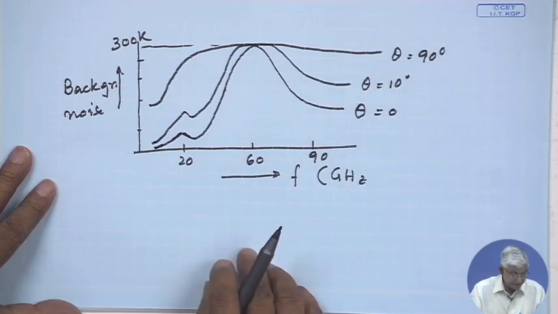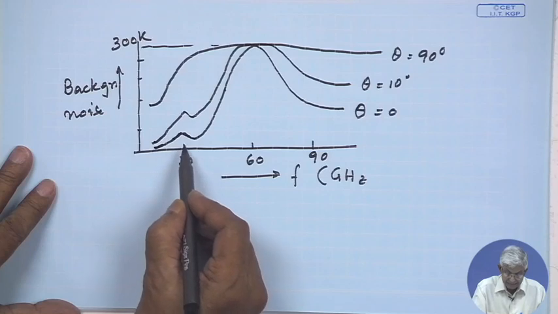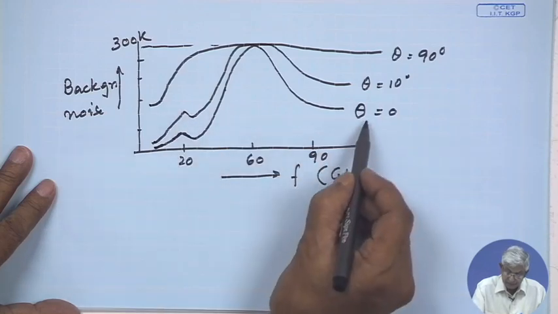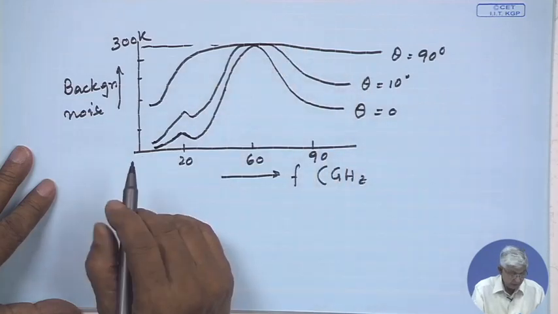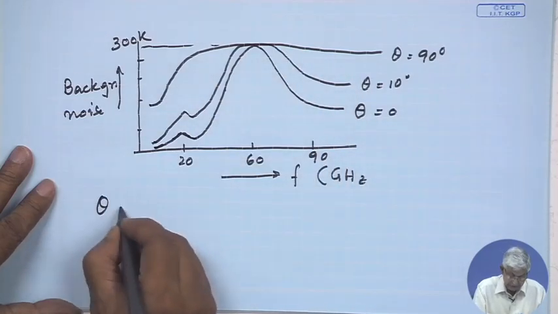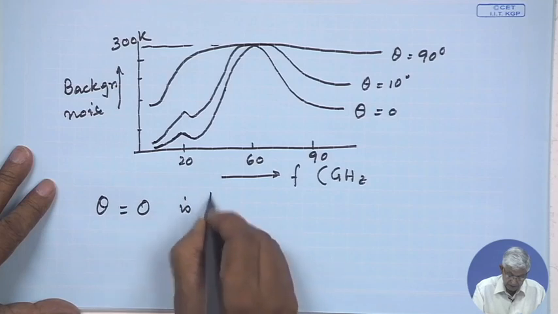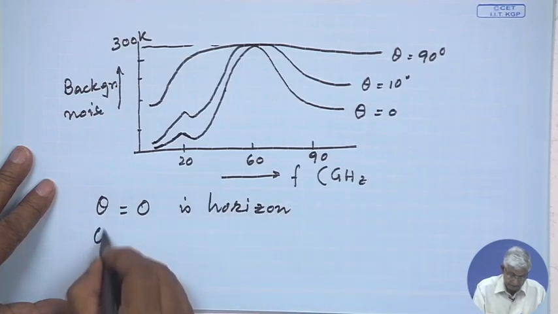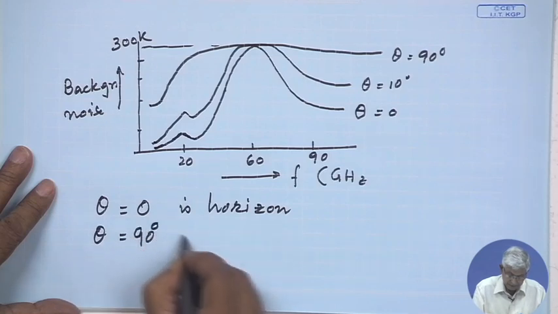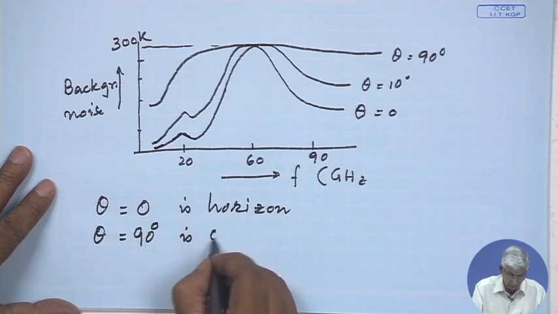There are a couple of things that we observe as I increase theta from 0 to 90 degrees, that is from horizon to overhead, where theta equals 0 is the horizon and theta equals 90 degrees is overhead.